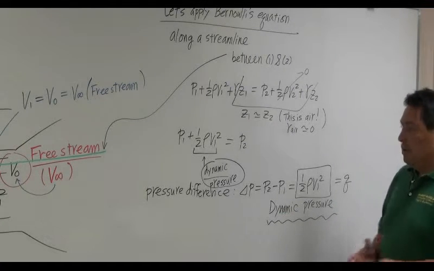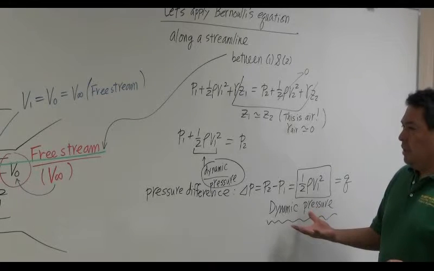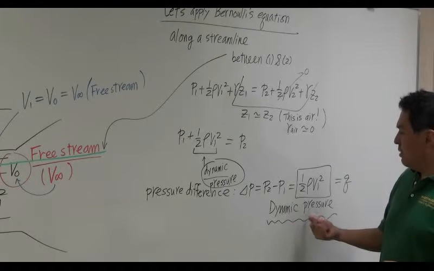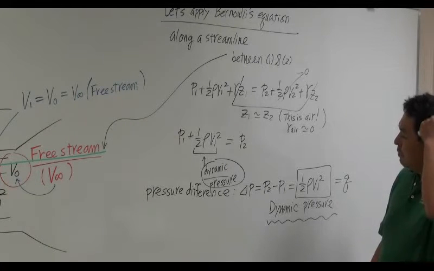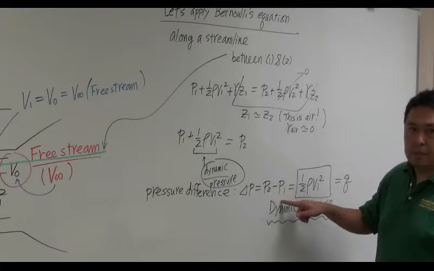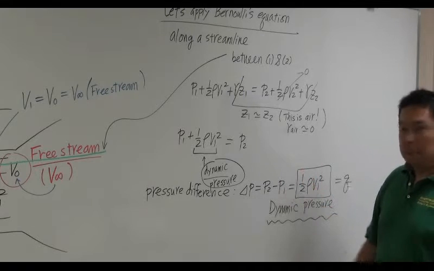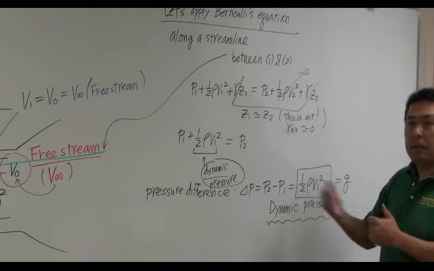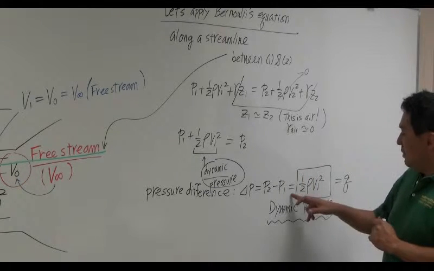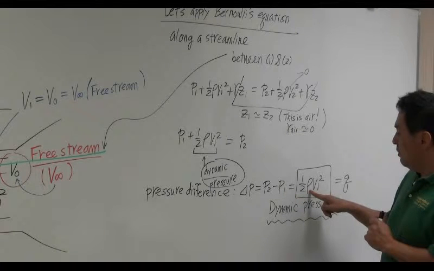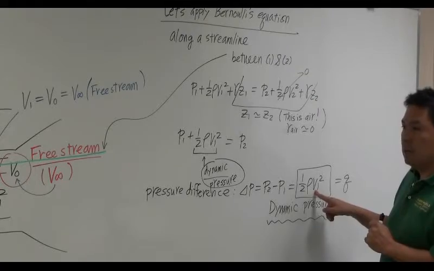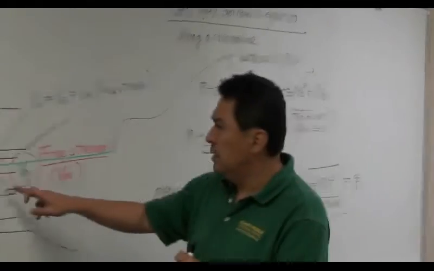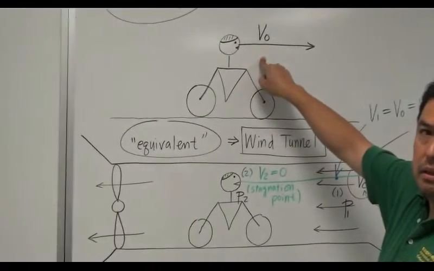Okay. So is there any way to actually measure this? Can we measure pressure difference using some kind of device? I guess we can. If you know the density of air, you can determine V1. What is V1? V1 is how fast you're moving.